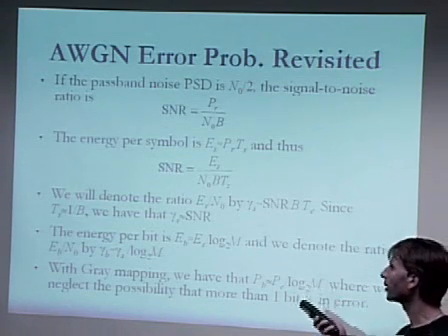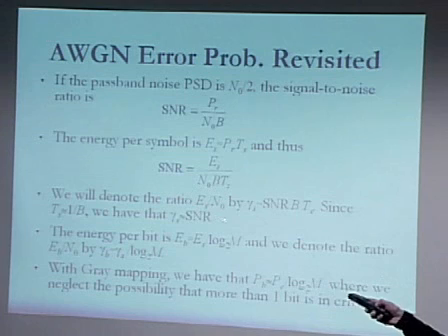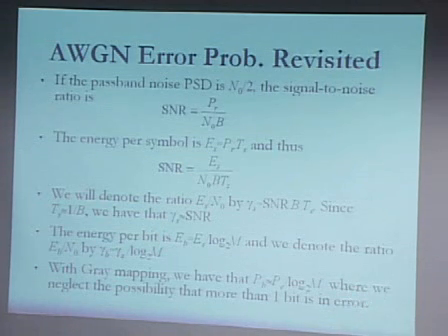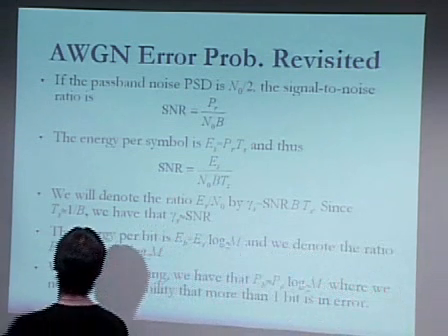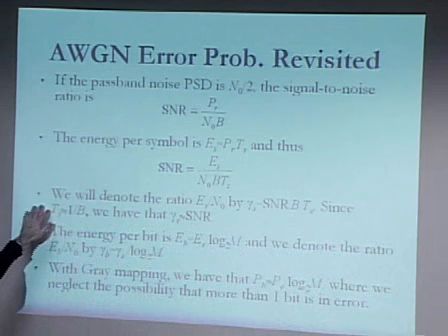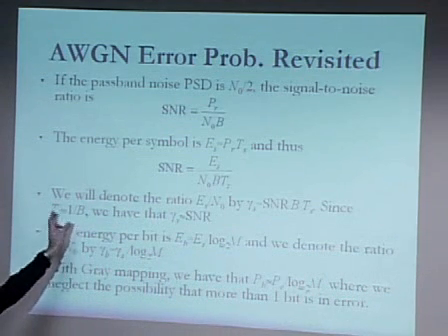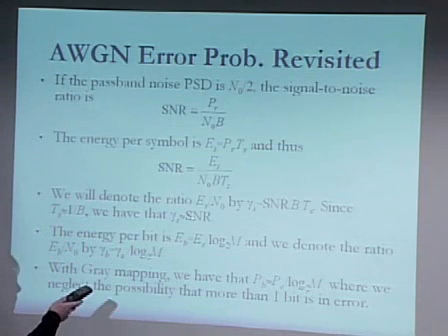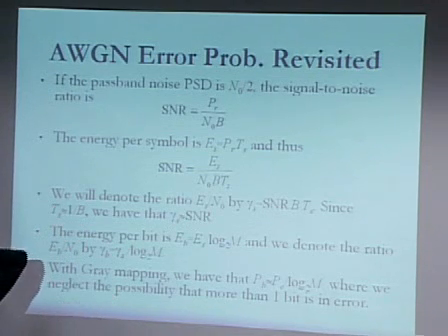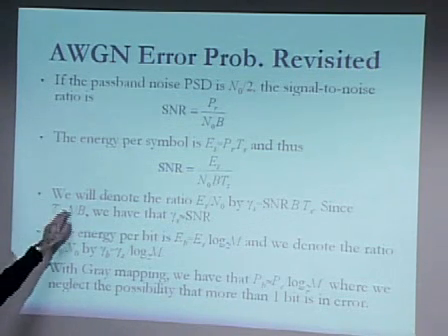We're going to denote the ratio Es over N0 by gamma S. Just rearranging this term, we can see that gamma S is equal to SNR times B times Ts. And we saw when studying chapter 3 that Ts is roughly 1 over B. So the symbol time is roughly the reciprocal of the signal bandwidth. So we have that gamma S is roughly equal to the SNR. We're going to take these to be equivalent quantities.